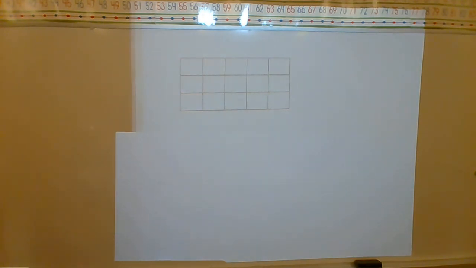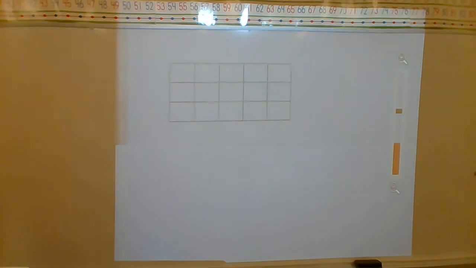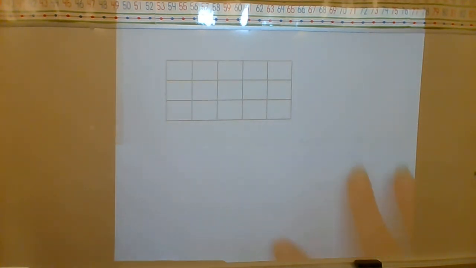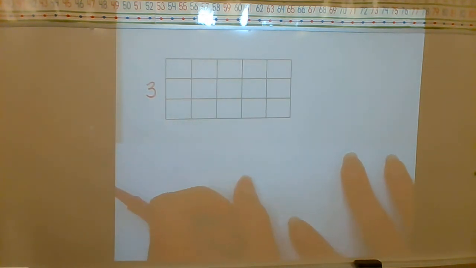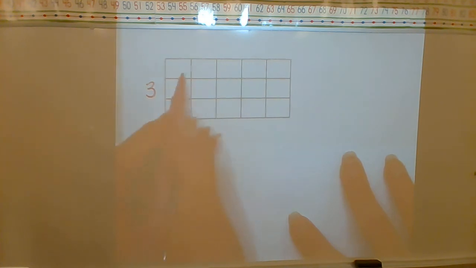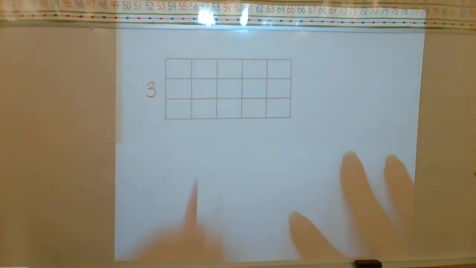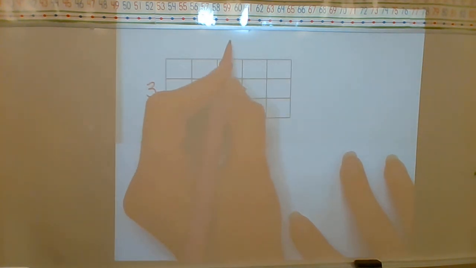Well, the first thing we're going to do is look at the number of rows we see. How many rows are in this array? That's right, we have 3 rows. 1, 2, 3. And how many in each row? That's right, 5.